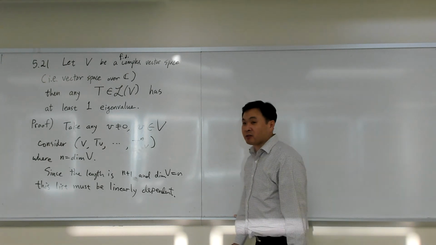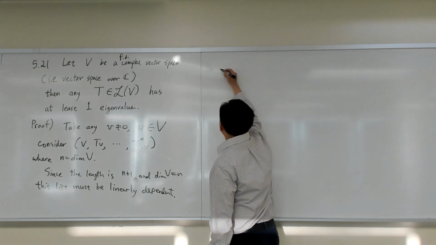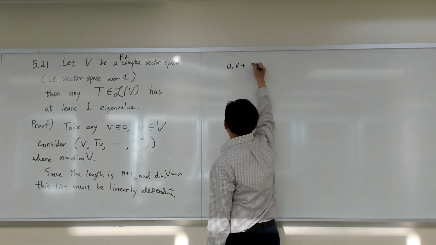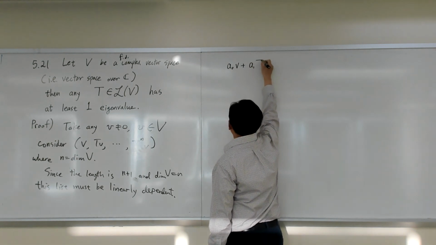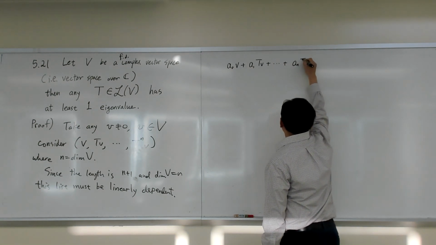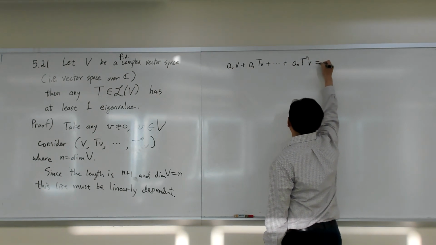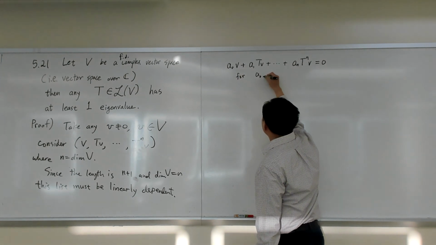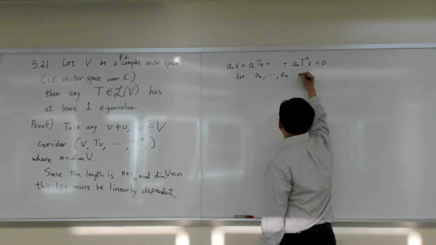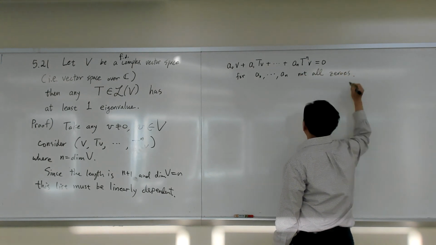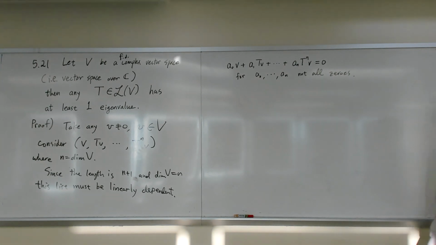What does that mean? That means there exist A0 times V plus A1 times TV, up to An times T^n V equal to 0, for A0 through An not all zeros. Okay? All right.